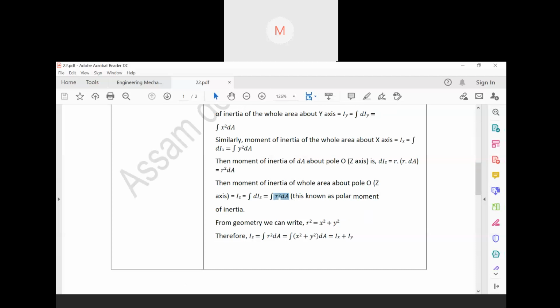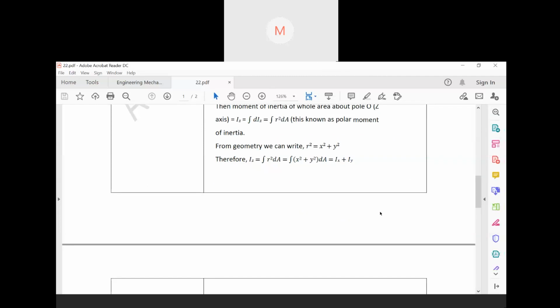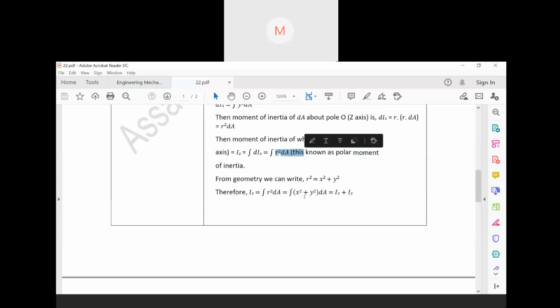We found Ix, and we found Iy. So we can write Iz equal to integration of r square dA. From here, r square equal to x square plus y square. So we can write integration of (x square plus y square) dA equal to Ix plus Iy.